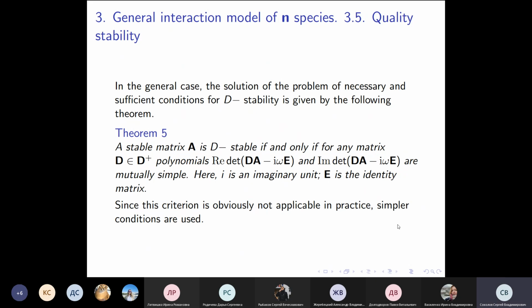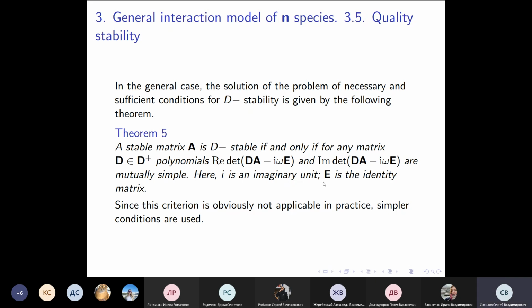So what about the theorems of D-stability? There is a theorem. A stable matrix A is D-stable if and only if, for any positive matrix D, the polynomials, the real part and imaginary part of this determinant, are mutually prime. Here I is an imaginary unit and E is the identity matrix.